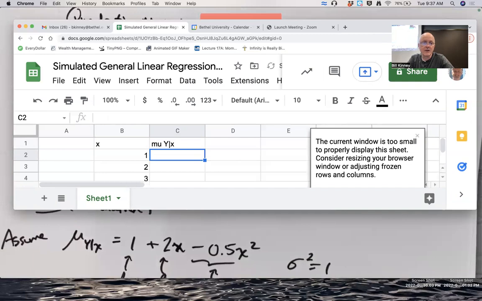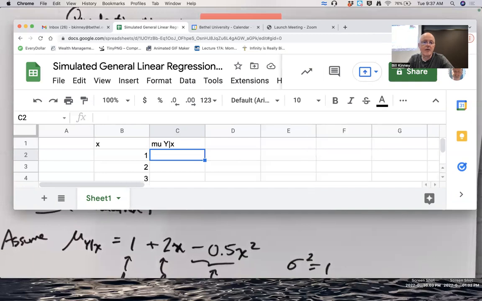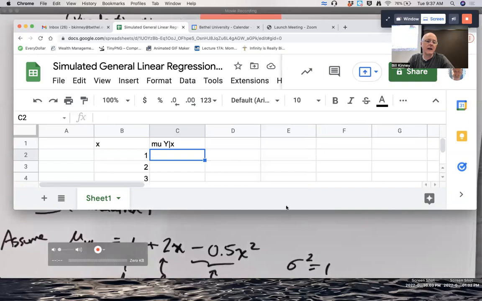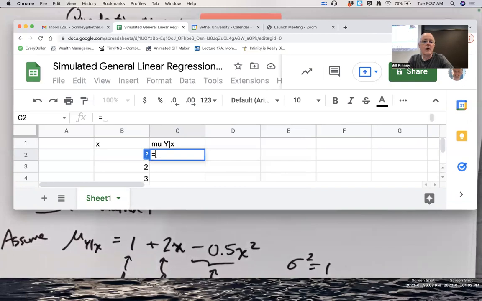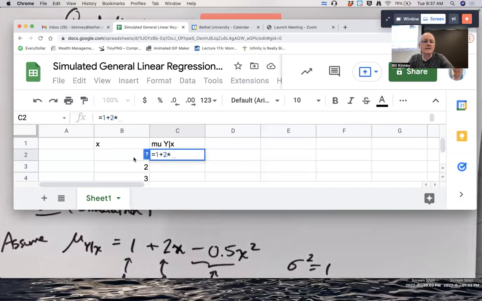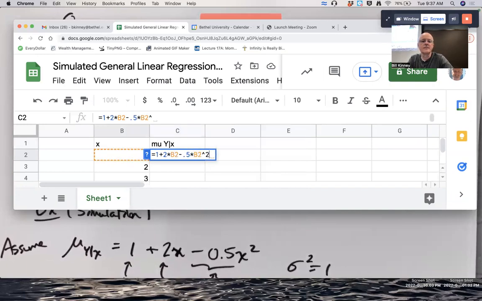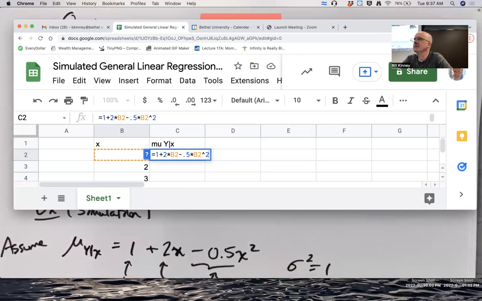I need to plug in that equation effectively and plug in these values for X. So 1 plus 2 times X minus 0.5 times X squared. Think about what's going to happen as I copy and paste this formula. I'm going to get points that are going to be exactly on a parabola, right? No randomness there. This is completely deterministic.